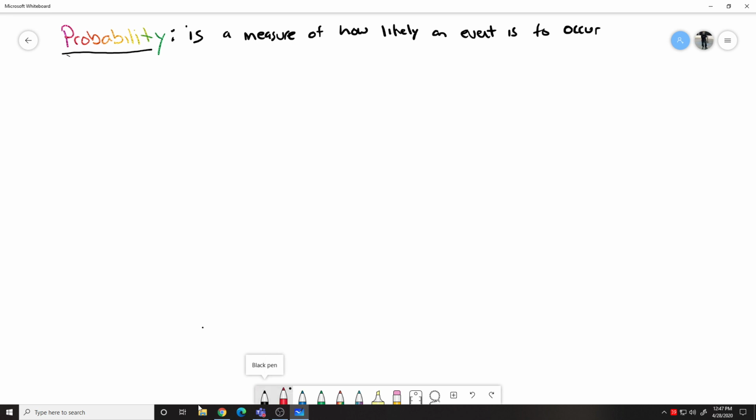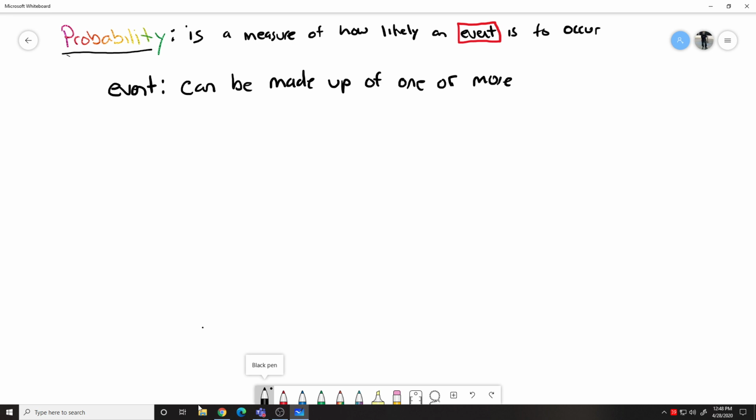Well, if we look at that, we might want to define this word as well. What is an event? Let's define that word as well. An event can be made up of one or more possible outcomes.